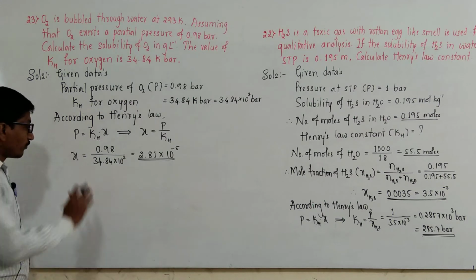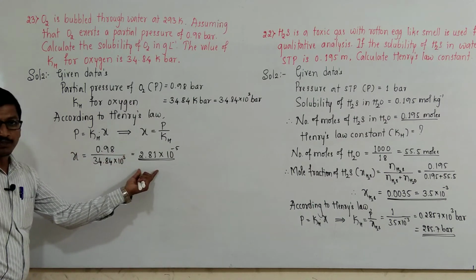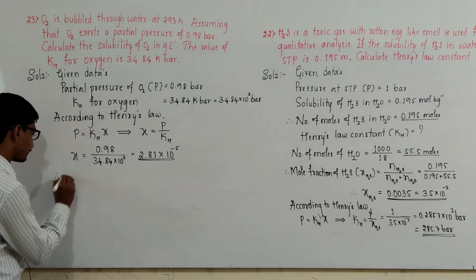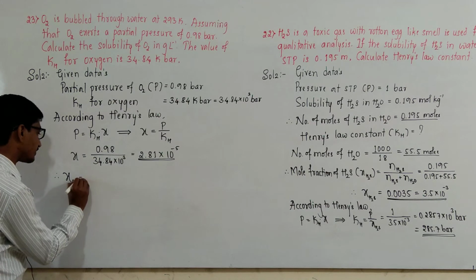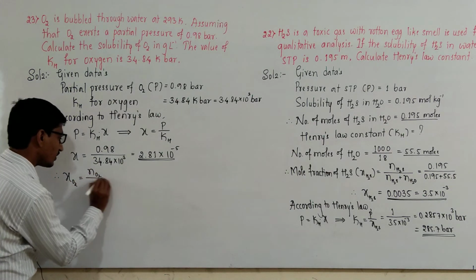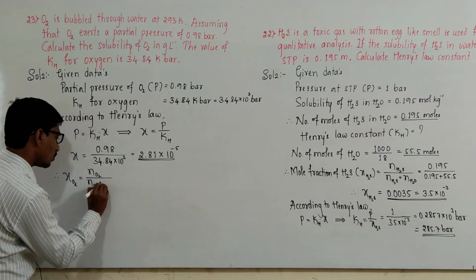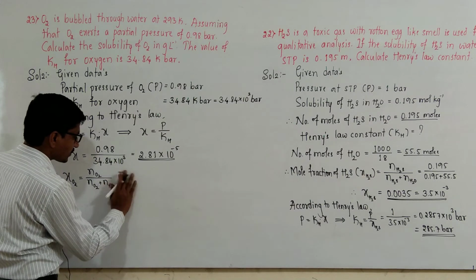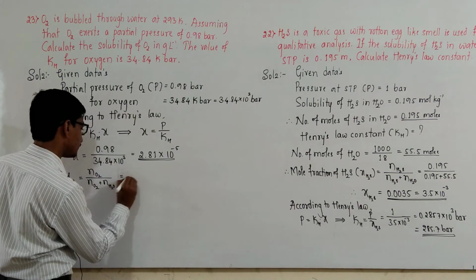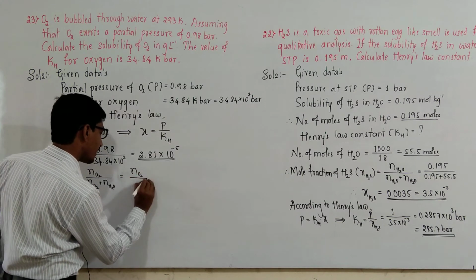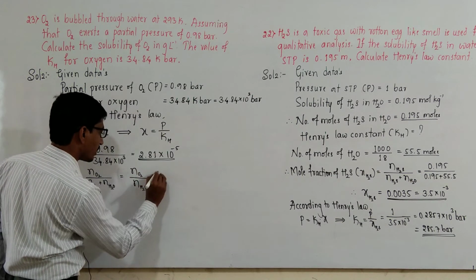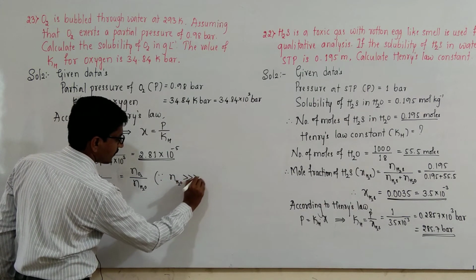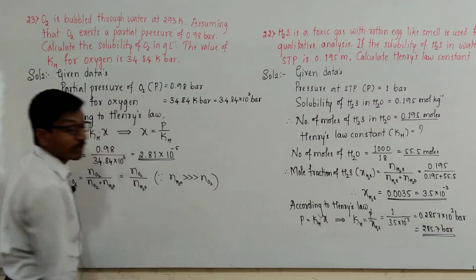Then from this value we calculate the number of moles of oxygen. Therefore XO2 is equal to NO2 divided by NO2 plus NH2O, and in this relation NH2O is far greater than NO2 in the denominator.